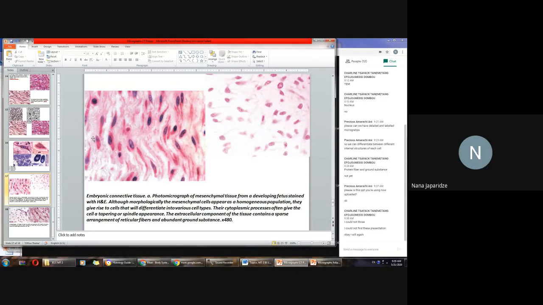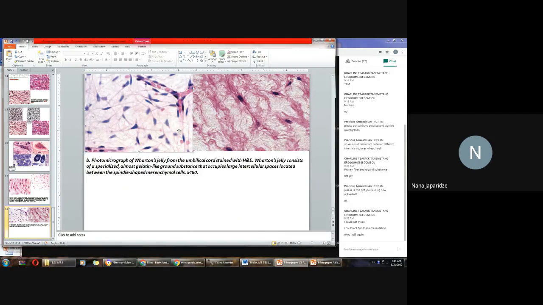Look, mesenchymal cells which have tapered ends, and the extracellular component contains a lot of collagen fibers and ground substance.